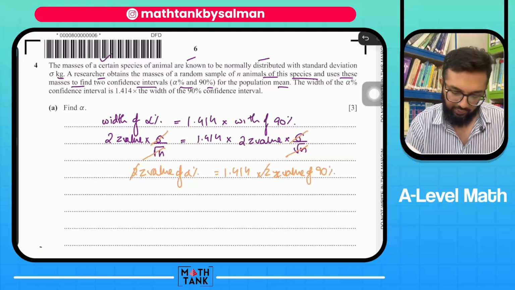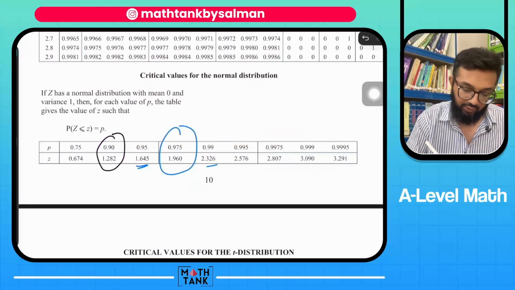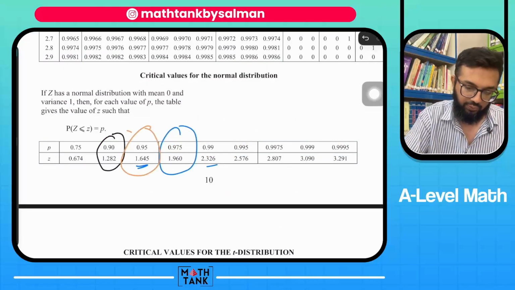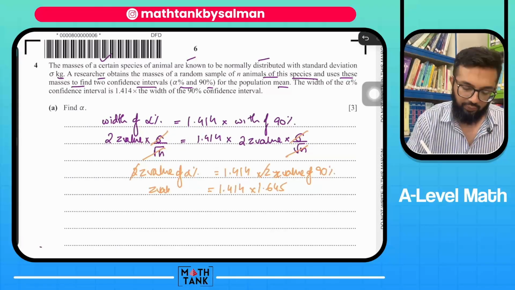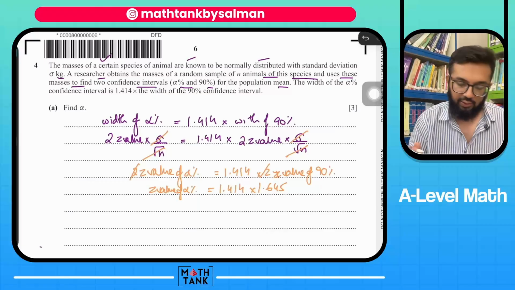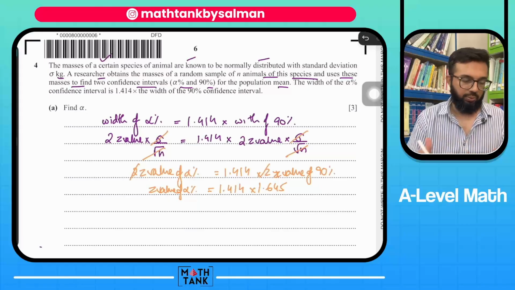So 2 cancels out. What is the value for 90%? For a 90% confidence interval, I need to read 95, which is 1.645. So the z value of alpha percent is 2.326.